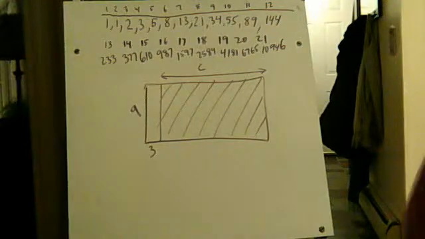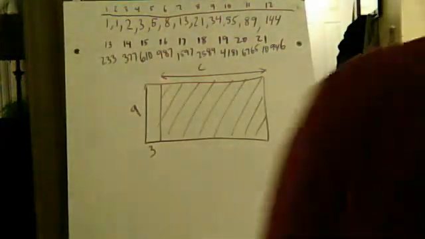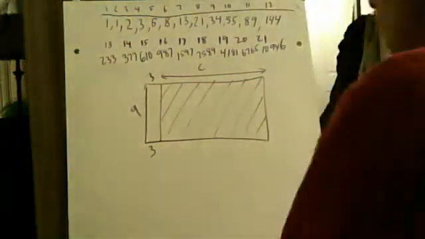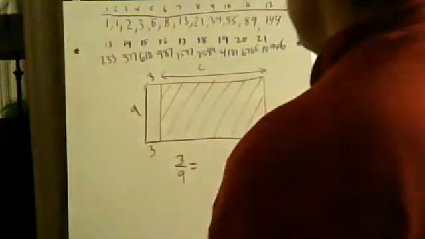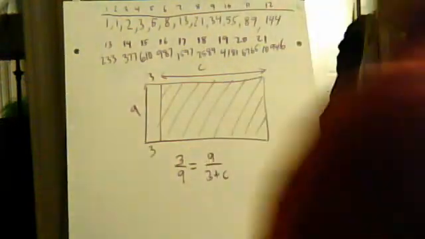So the white is 3 by 9, which is to say, the total figure has to be similar. Now, the way that the total figure will be similar, there's probably two ways for that to happen. One of them is the ratio of this one, 3 to 9, is going to be the ratio of the total one, which is going to be 9 to 3 plus c.